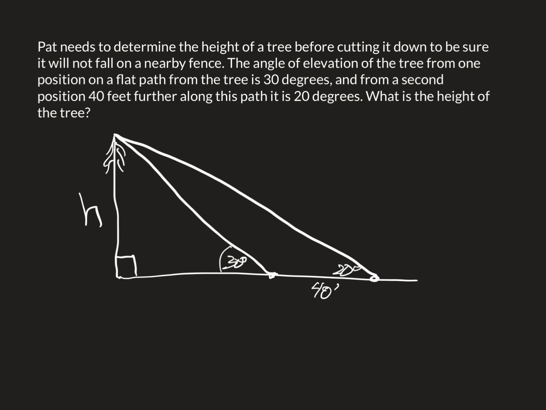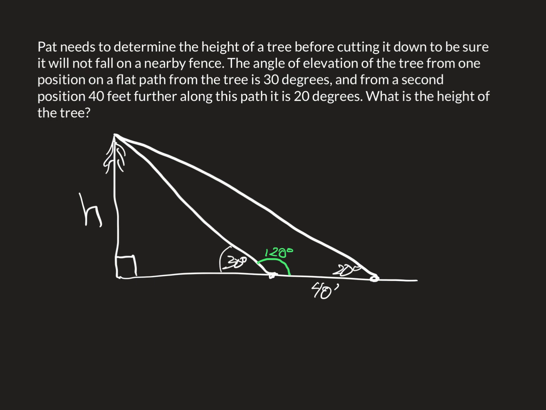And if we could find another angle, or another side, we could use the law of sines. Well, it turns out we know this angle right here. This angle right here is supplementary to the 30-degree angle, so it's 120 degrees.